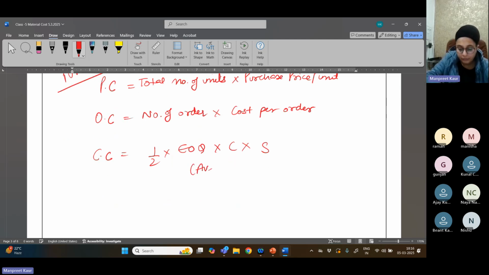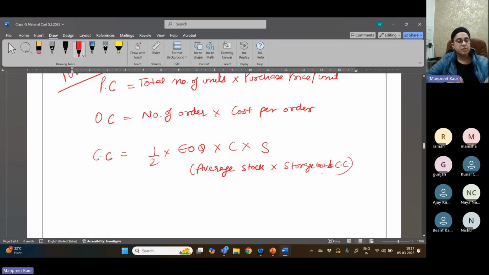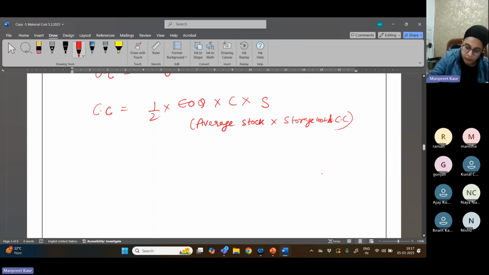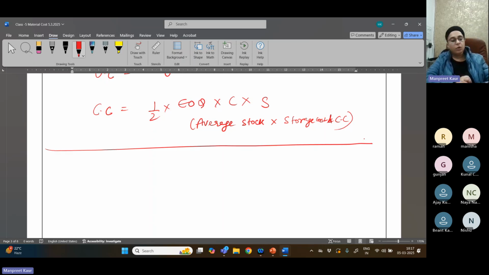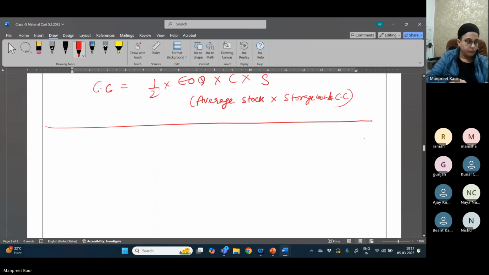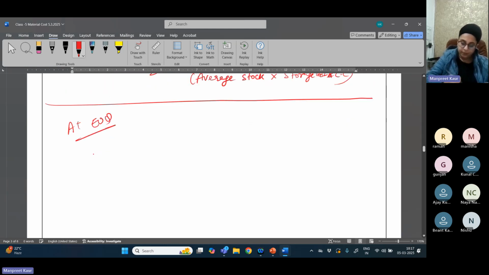You can say average stock multiplied by storage cost. This is the formula for the carrying cost. Let me explain this a little more, then we will come to the practical questions. At EOQ, I told you ordering cost is equal to the carrying cost. Clear?